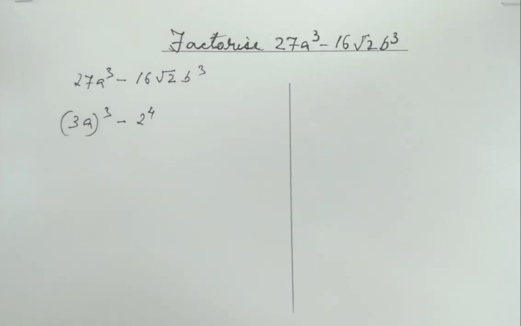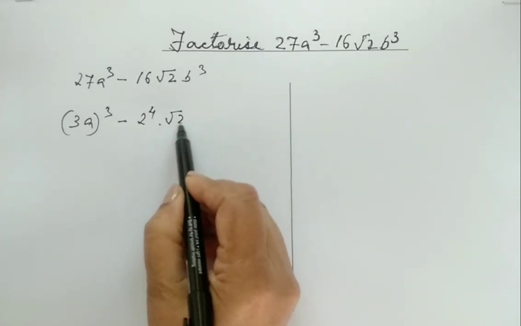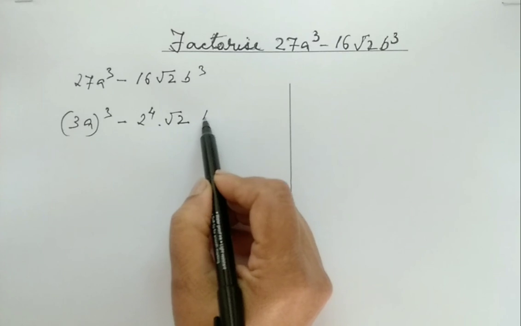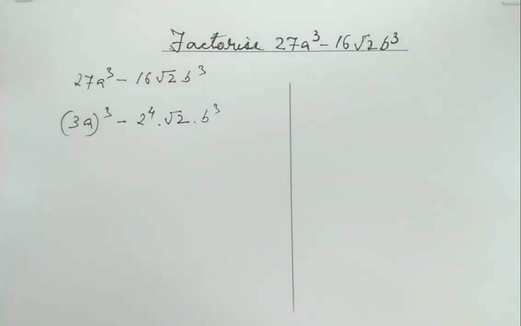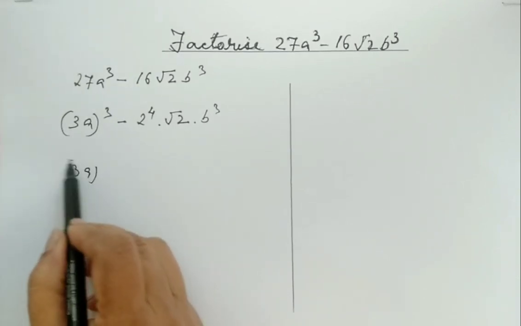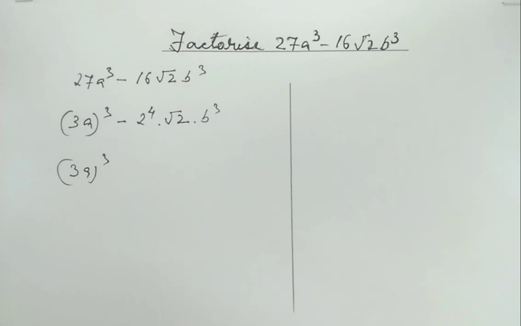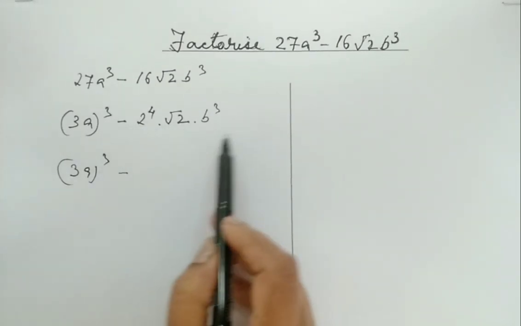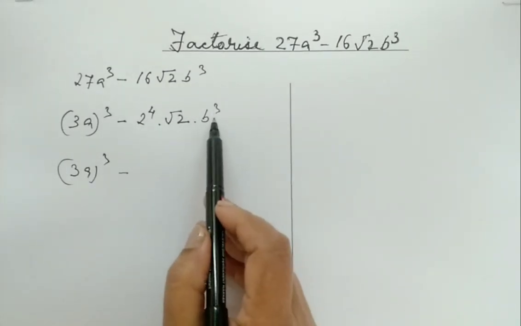Alright. Now let me just copy down the rest. We have b cube here. Now, still this doesn't seem very welcoming, correct? Because we can't visualize any cube here apart from this.